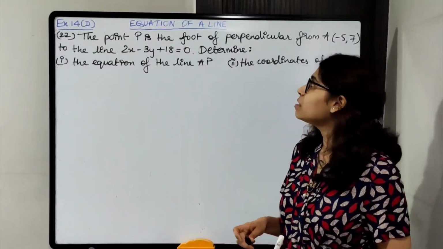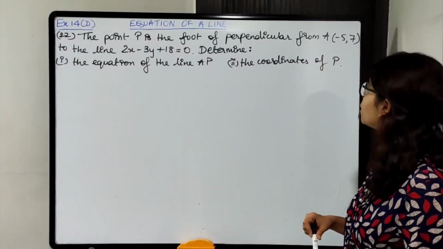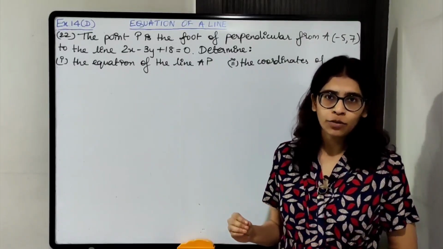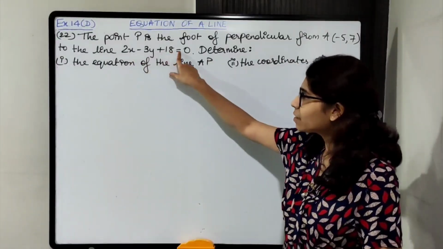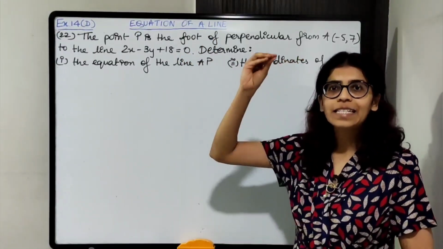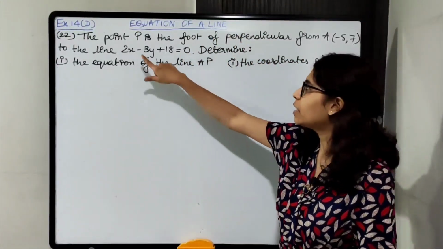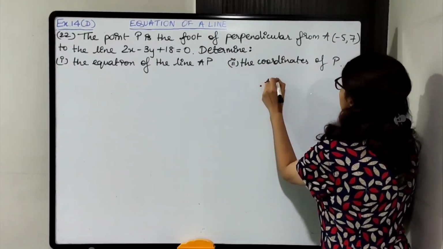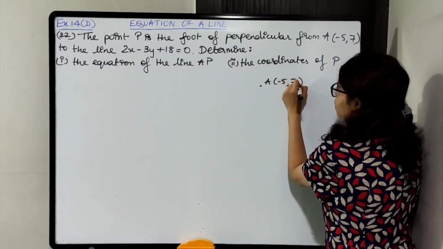Point P is the foot of the perpendicular from A. From A you are drawing a perpendicular to the line 2x minus 3y plus 18 equal to 0. There is a point A (-5, 7).